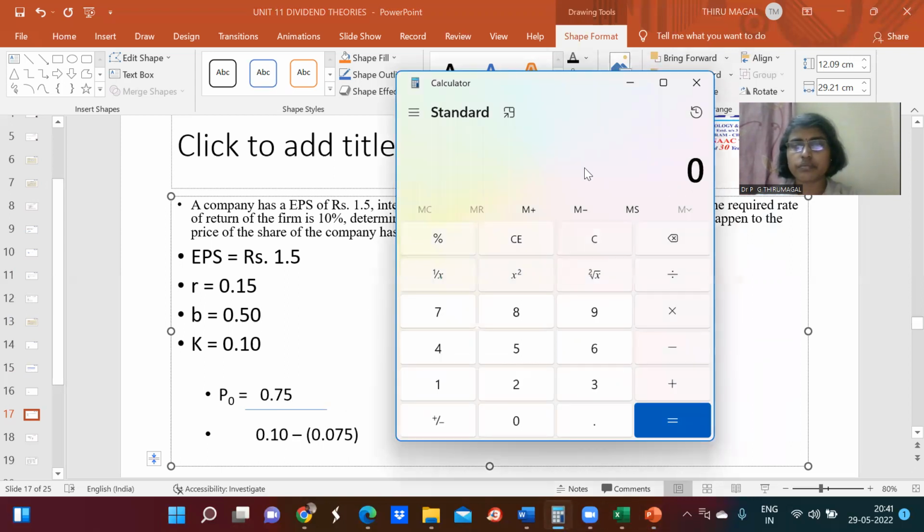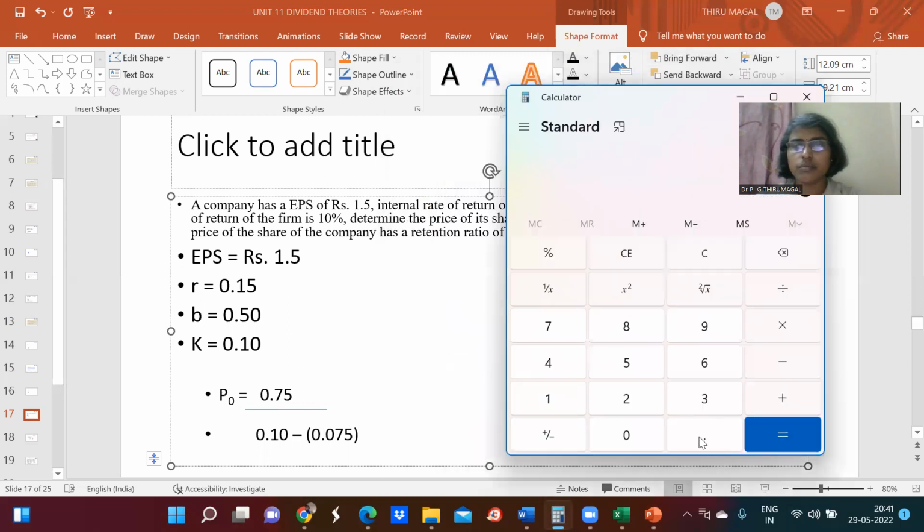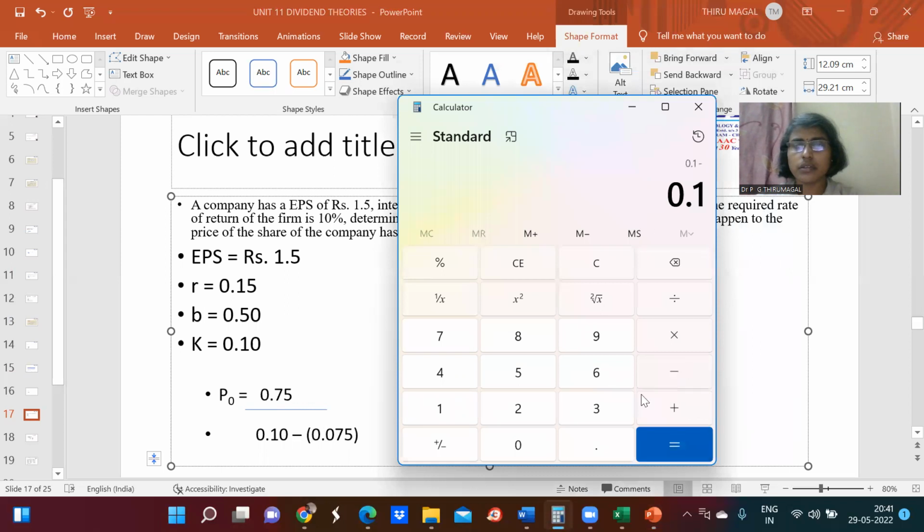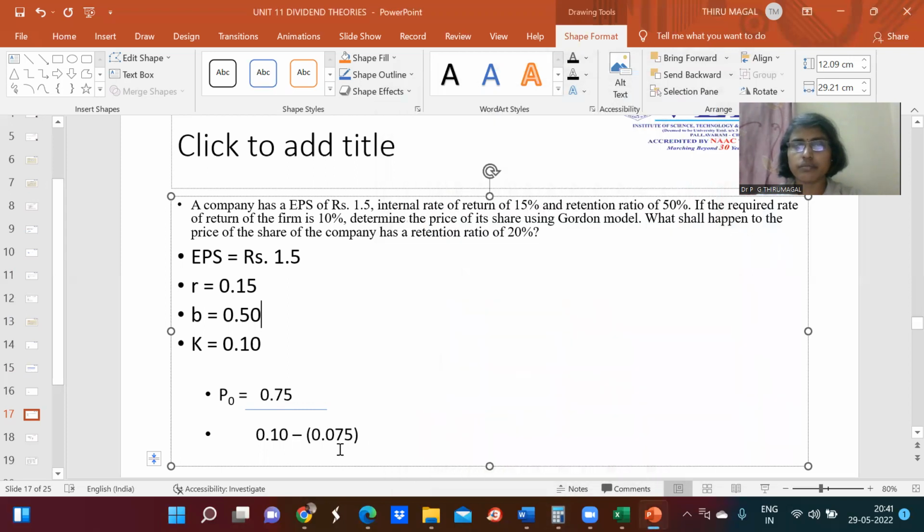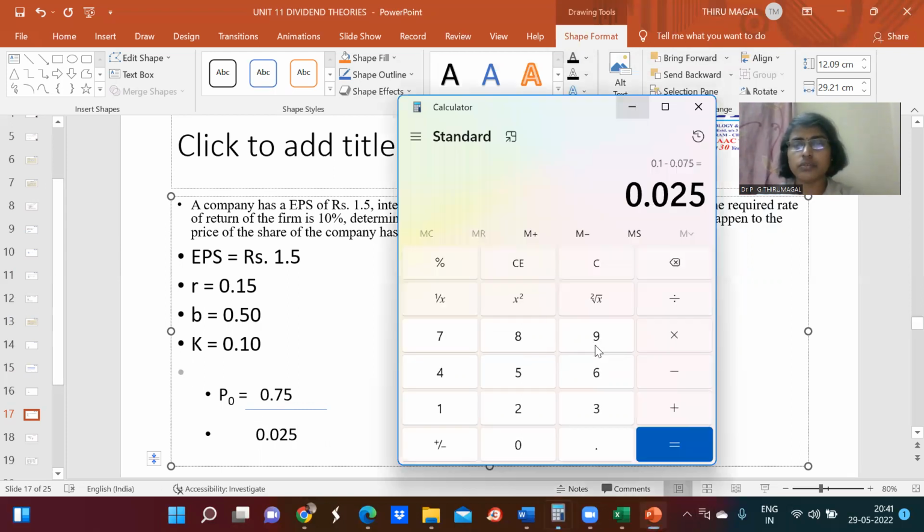0.10 minus 0.075, the value is 0.025. So now we need to divide these two. That is 0.75 divided by 0.025.